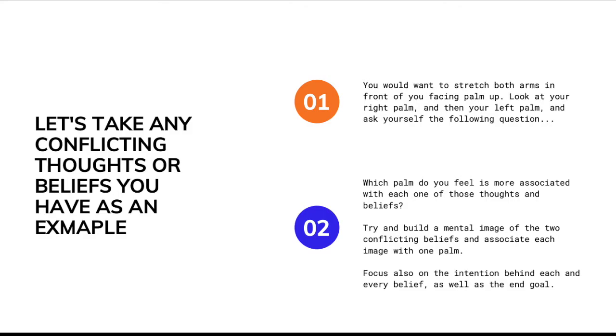And with the end goal, you want to feel the emotions. So you want to link the emotional charge you would feel in each situation. Your left palm would be associated with emotions of disappointment, sadness, regret maybe. And your right palm would be associated with feelings of success, achievement, happiness, and so on and so forth.